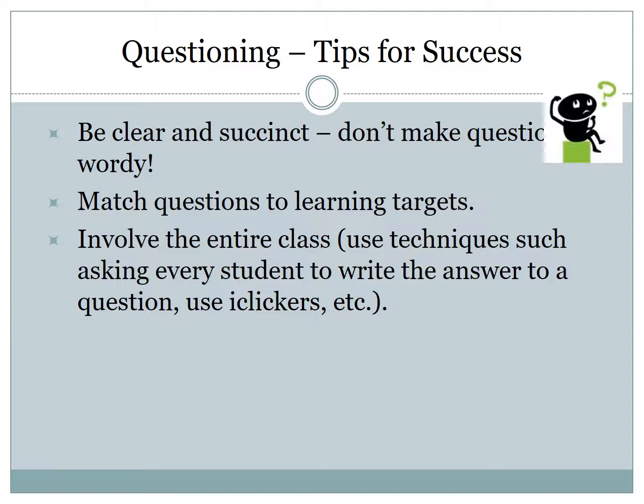For example, hold one finger if you think the answer is yes, hold 2 fingers if you think the answer is no. When I teach face to face, I use whiteboards in my class and I have students write answers and hold them up on the whiteboards. And that way you can quickly gauge who's with you and who is under some misconceptions. But involving the whole class, research suggests, seriously raises student engagement.